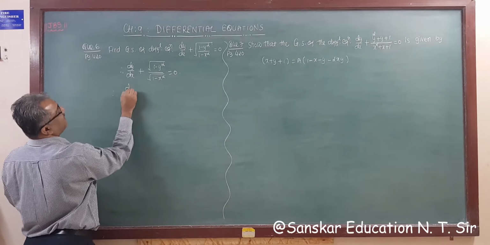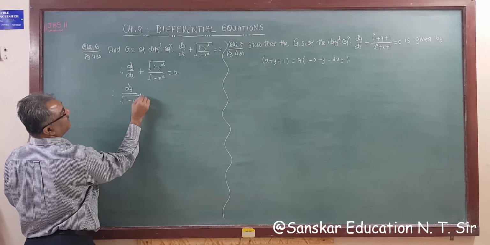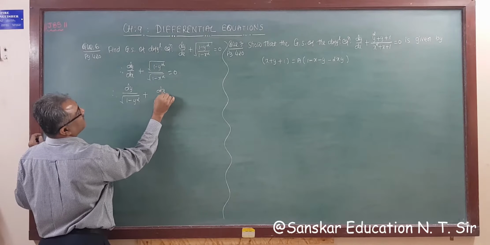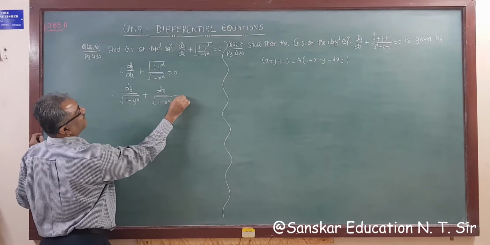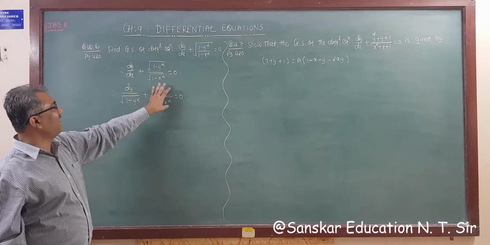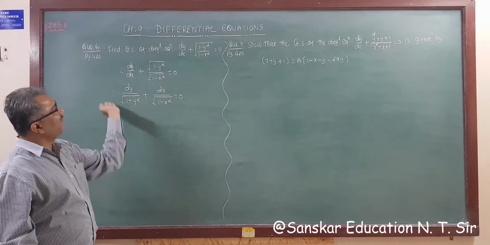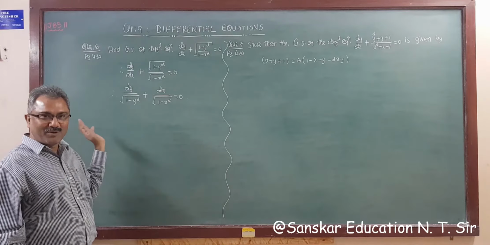So this is dy upon under root 1 minus y square plus dx upon under root 1 minus x square is equal to 0. If you take y to the opposite side and change, the answer will be the same, no problem at all.